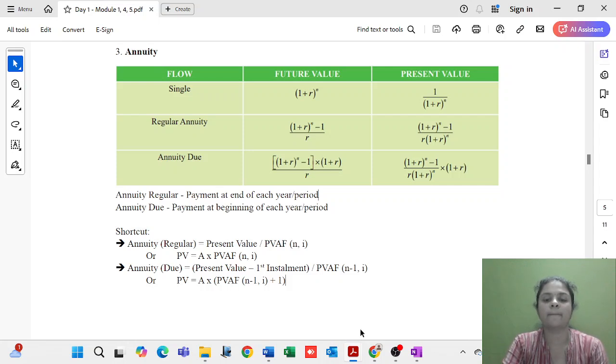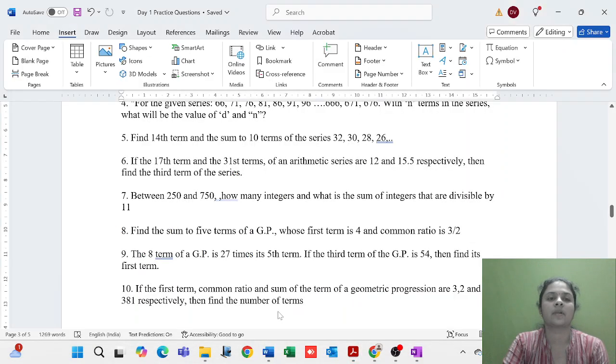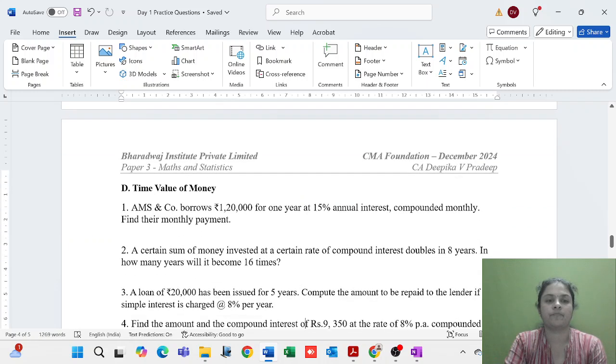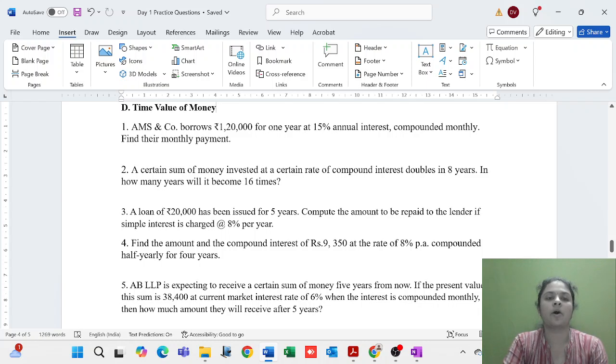Friends, shall we? Yes, ma'am. So here are the questions on time value of money. Start solving the first 5 questions. Try them, and then we will discuss the answers one by one.